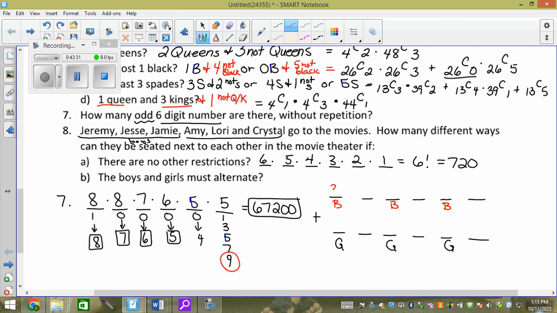So this would be 3, 2, 1, 3, 2, 1, and then this would be 3, 2, 1, 3, 2, 1. So it should be 72, not 36. Now we're flipping over.